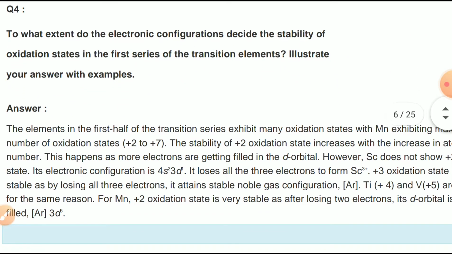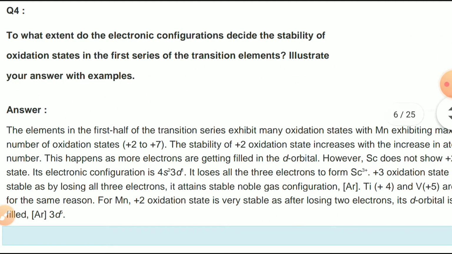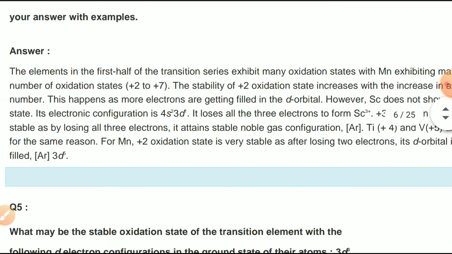Okay. Then question number 4. To what extent does the electronic configuration decide the stability of oxidation state in the first series of the transition elements? Illustrate your answer with an example.